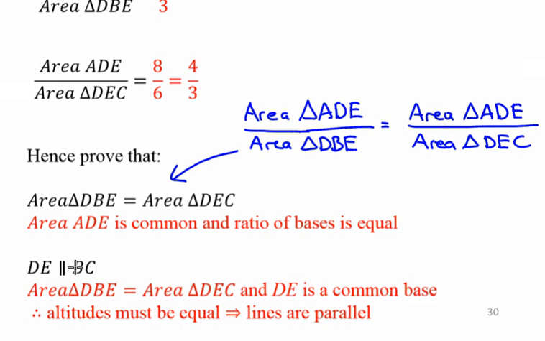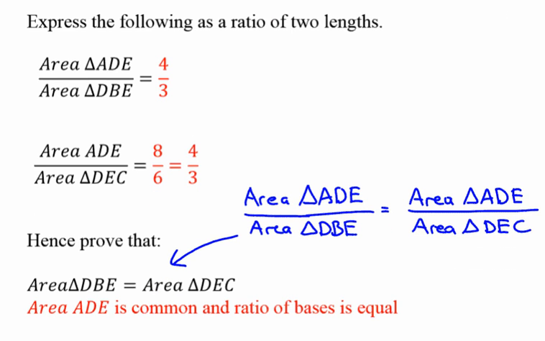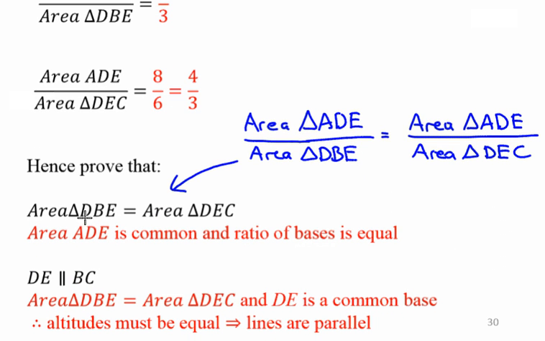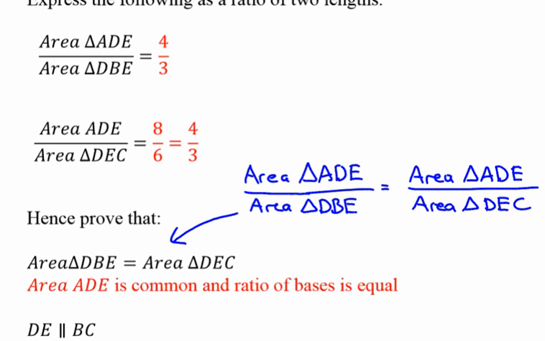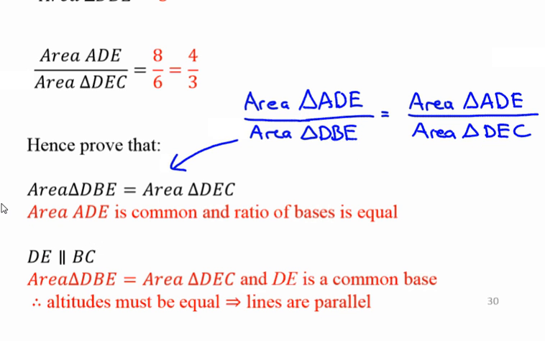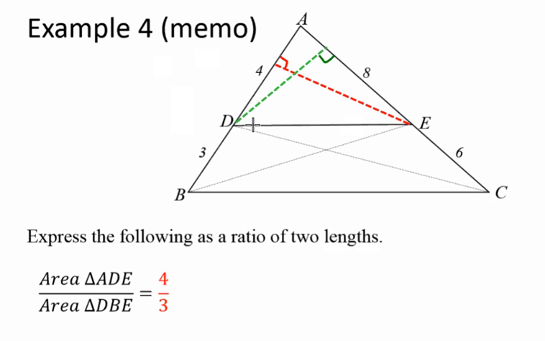We've also been asked to prove that DE is parallel to BC. So let's find those. DE parallel to BC. Well, we know that the area of DBE is equal to the area of DEC. And we know that DE is a common base.